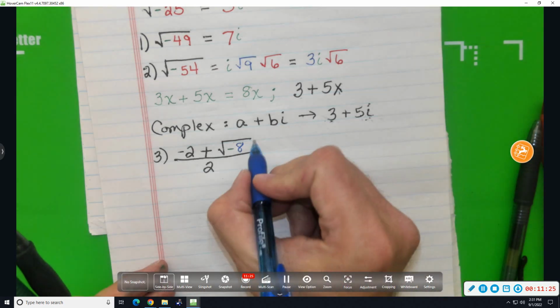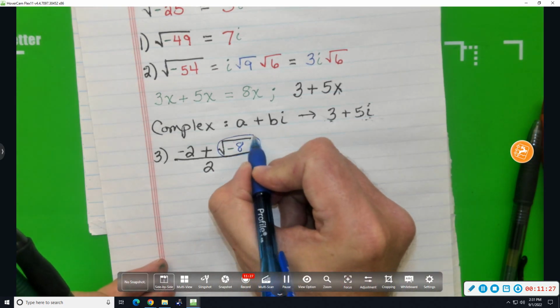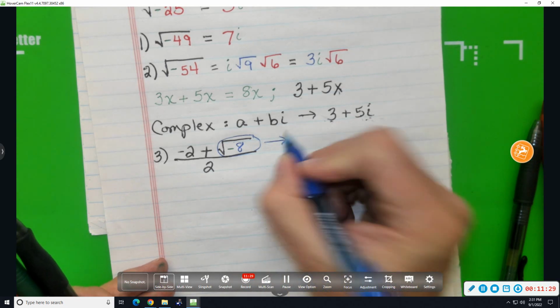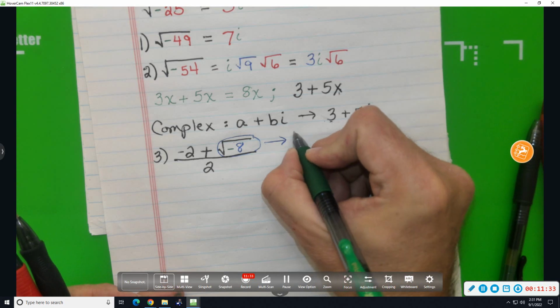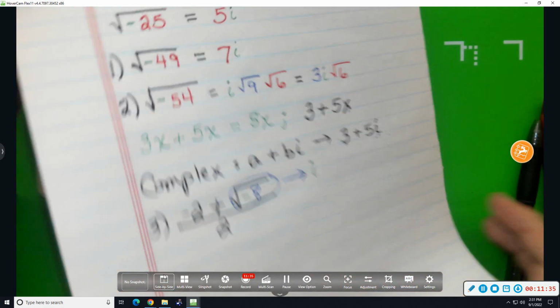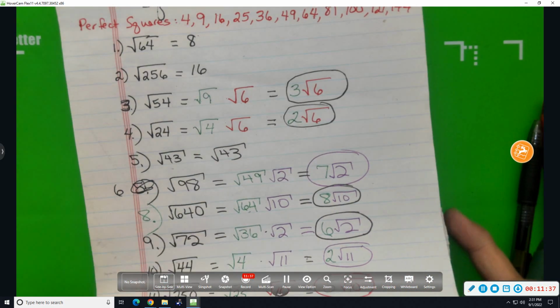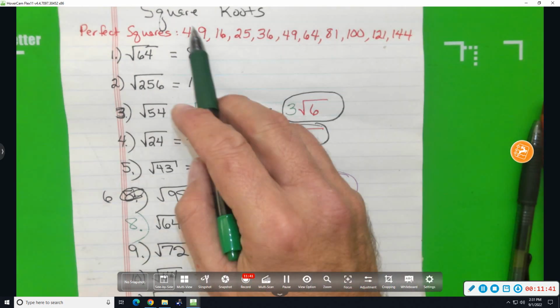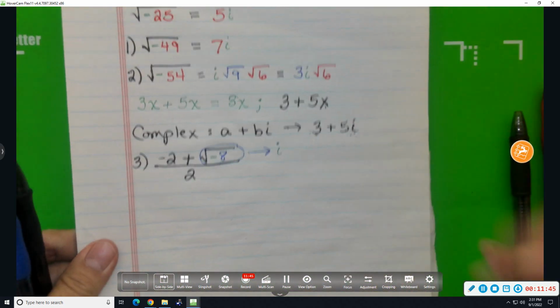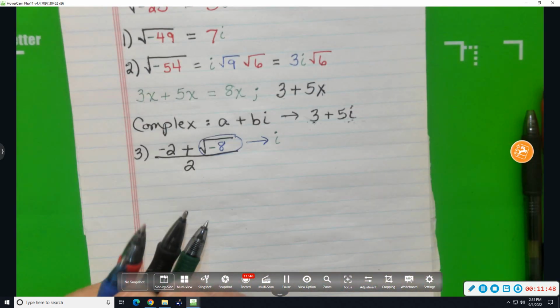Let's simplify this square root of negative 8. Am I going to write a green I? Yeah. Now, 8 isn't one of those perfect squares, is it? But how would I simplify square root of 8? Square root of 4 times square root of 2. Did y'all hear that? You would think of it as 4 times 2.